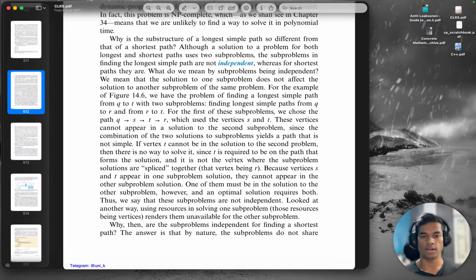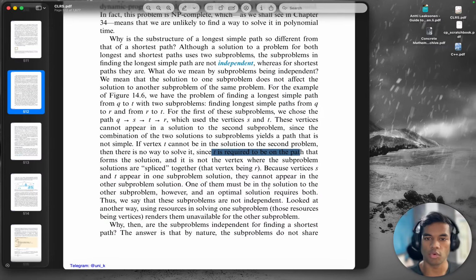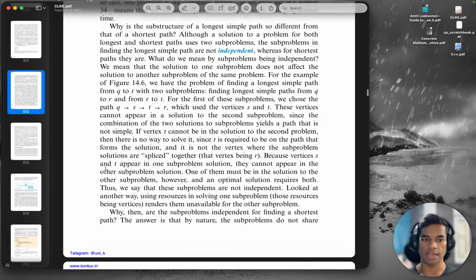And it is not the vertex where the subproblem solutions are spliced together, that vertex being R. Because vertices S and T appear in one subproblem solution, they cannot appear in another subproblem solution.